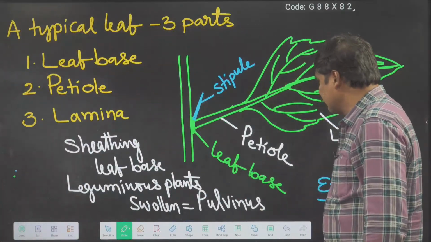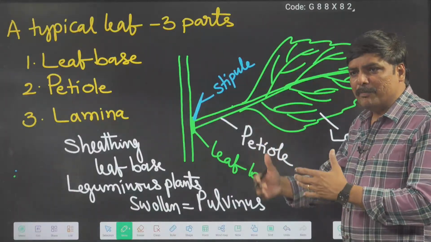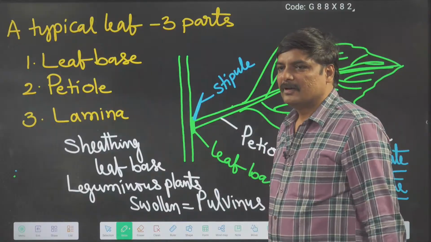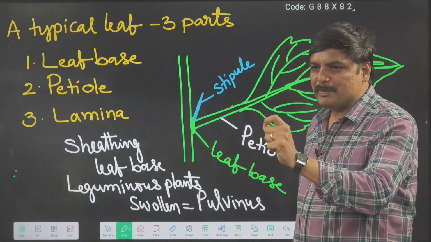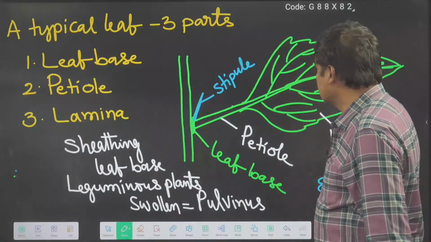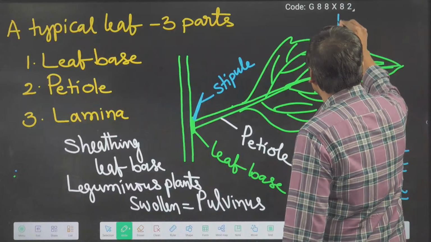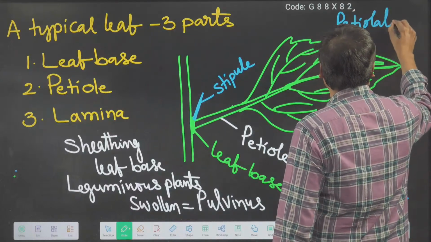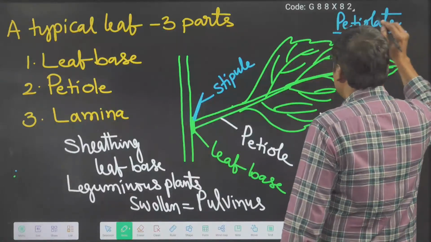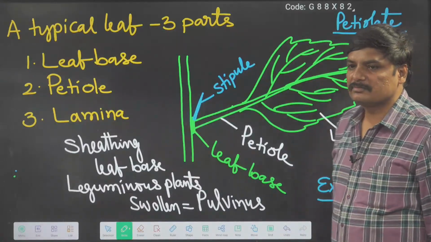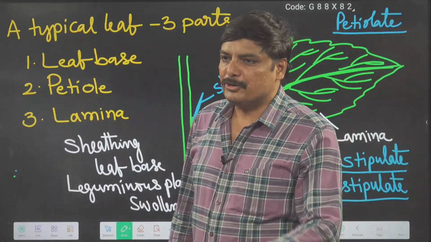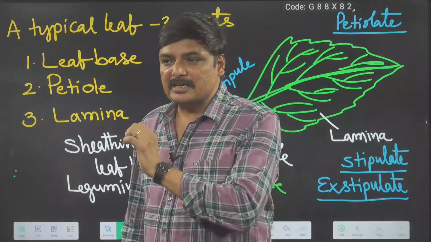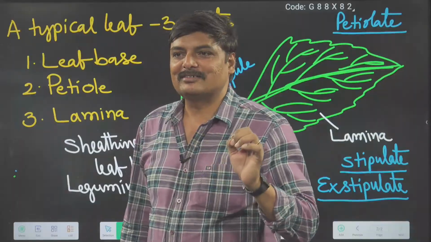Similarly here, the petiole may be present or may not be present. If petiole is present in the leaves, such leaves are called petiolate leaves. Some leaves do not contain petiole.